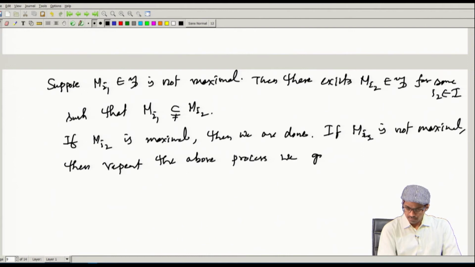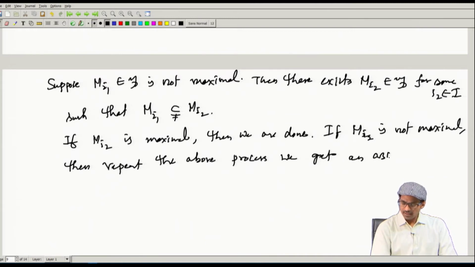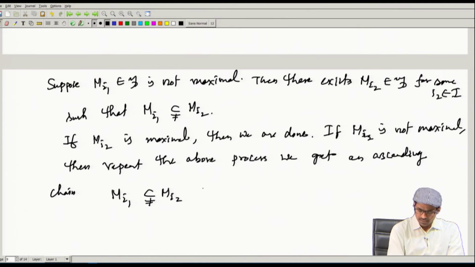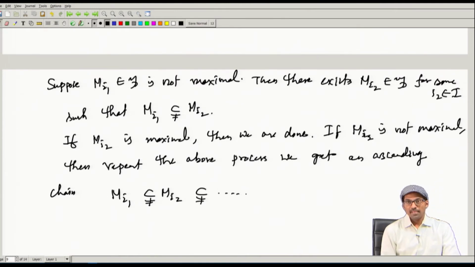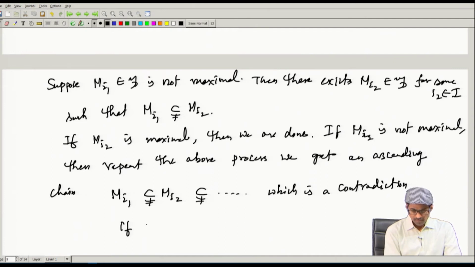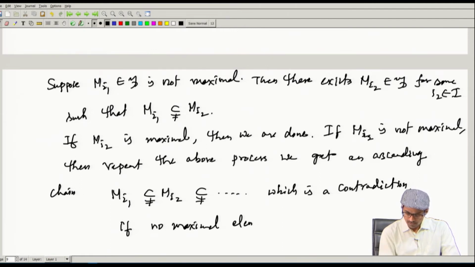We get an ascending chain: M_i1 strictly contained in M_i2 strictly contained in M_i3 and so on, which is a contradiction if no maximal element M_it exists.